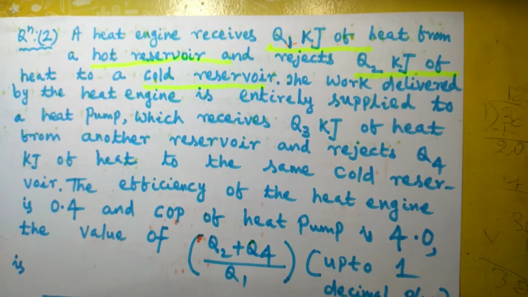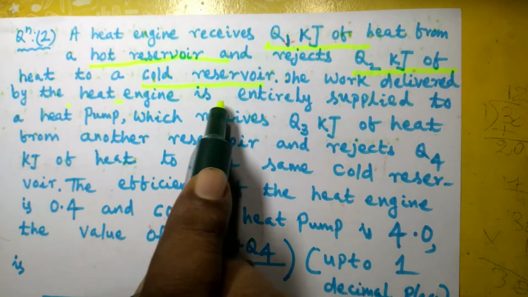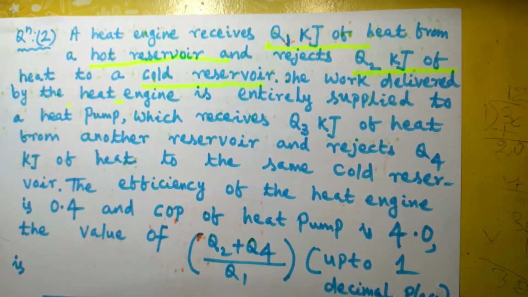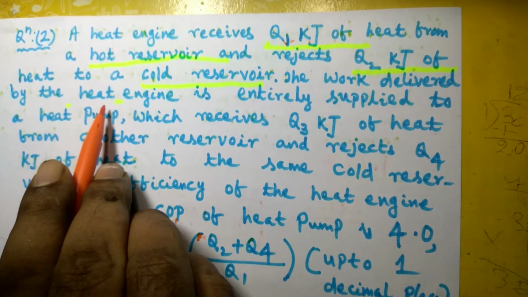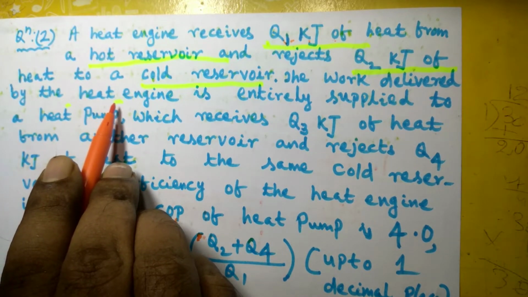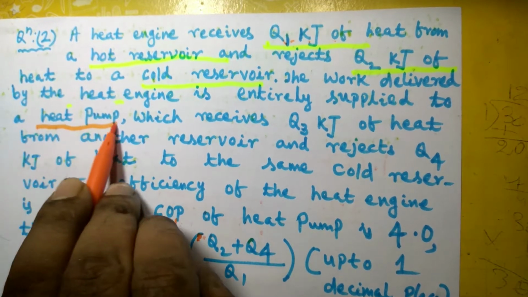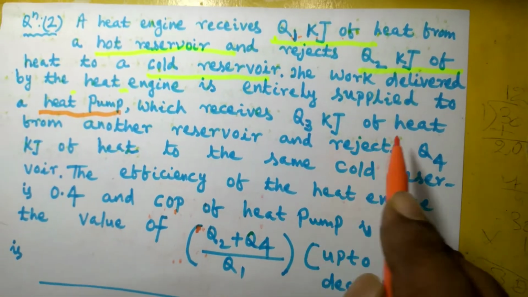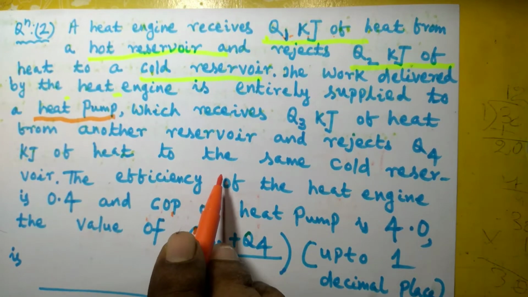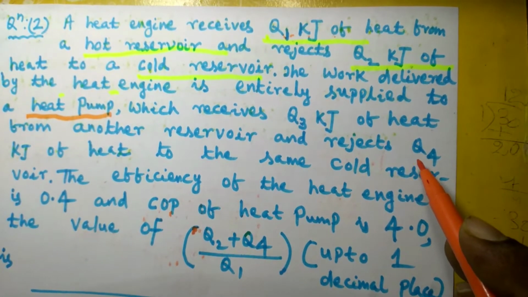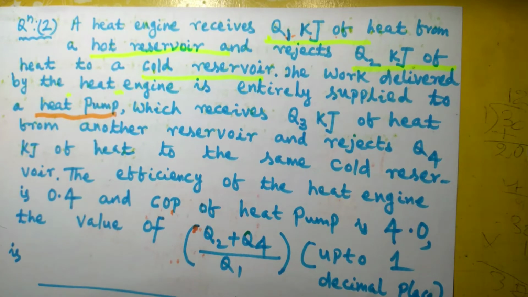The work delivered by the heat engine is entirely supplied to a heat pump. We know that a heat pump is a work consuming device. So whatever work is produced by the heat engine goes to drive the heat pump, which receives Q3 kilojoule of heat from another reservoir and rejects Q4 kilojoule of heat to the same cold reservoir.